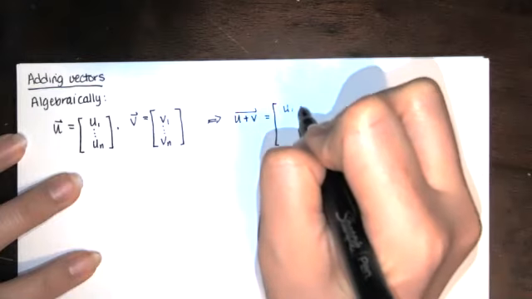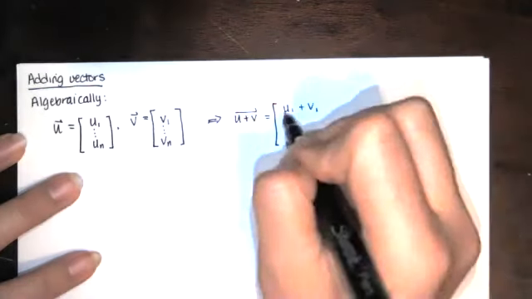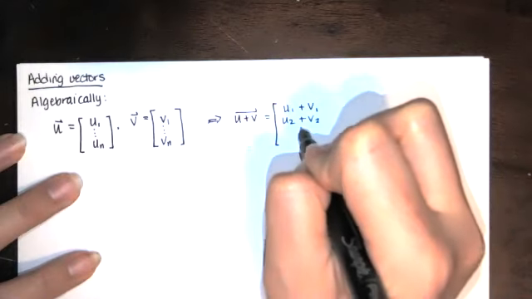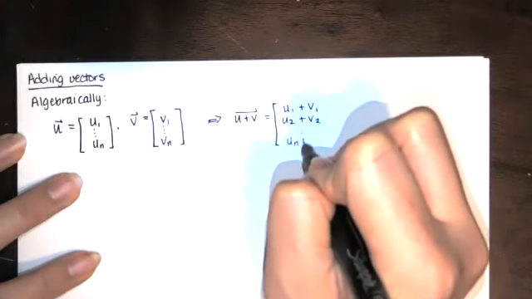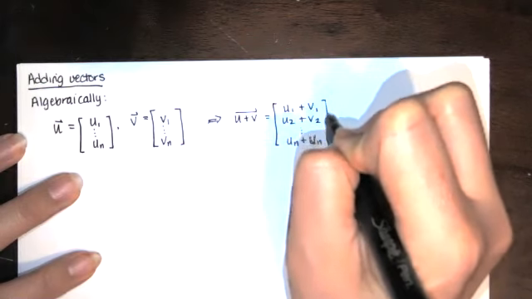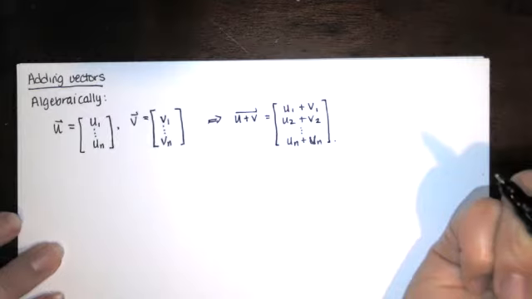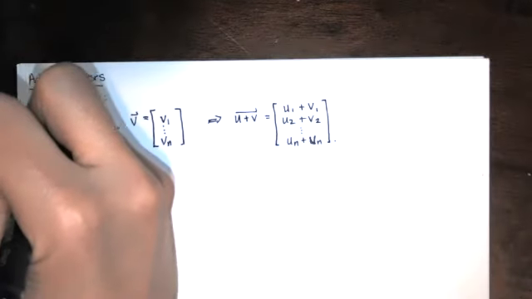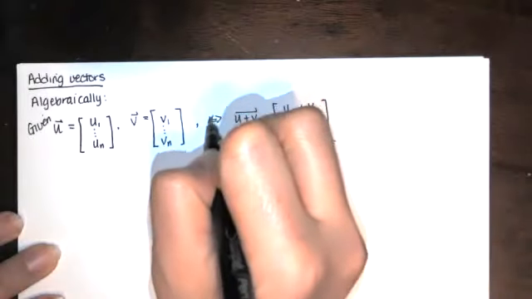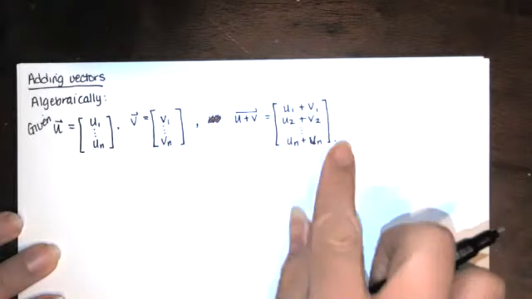So you take u1 and you add v1, that is your new first component. And then you take u2 and you add v2, that's your new second component. And you keep going. Eventually you have un and vn. You add those together. It's actually very simple. So given these, u plus v is equal to that.